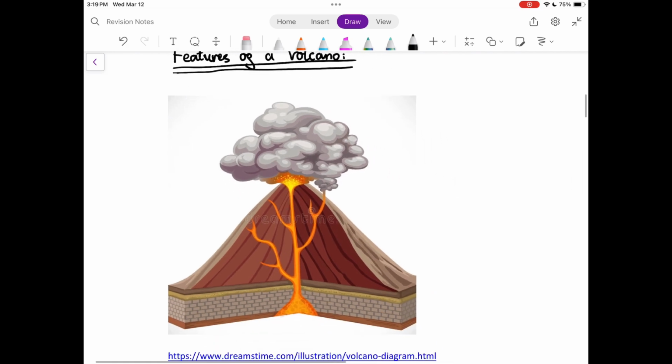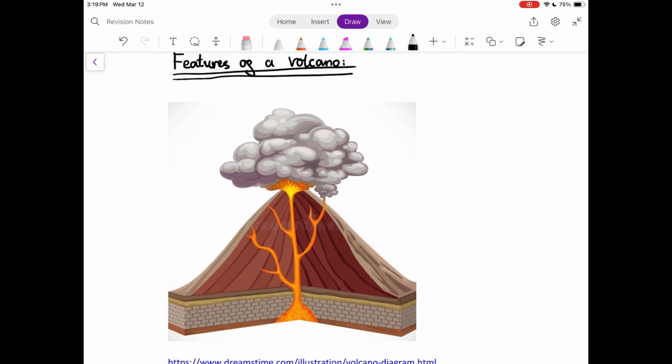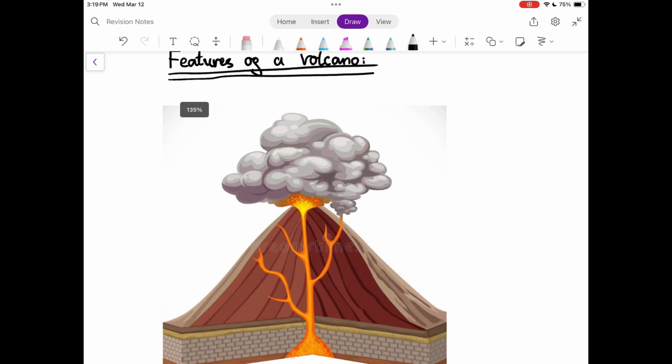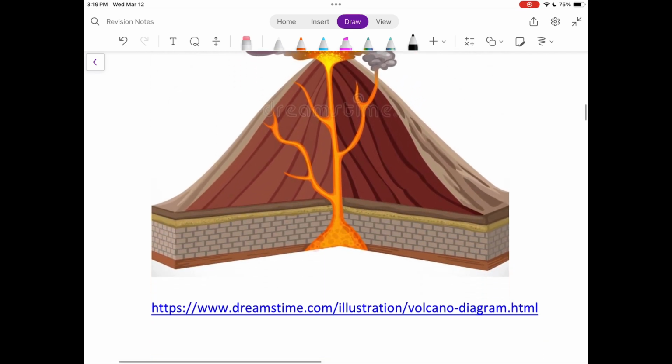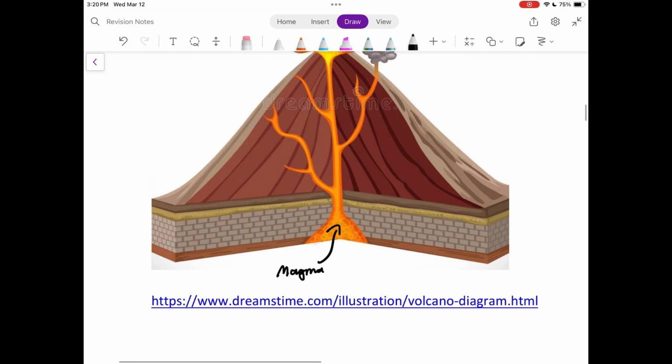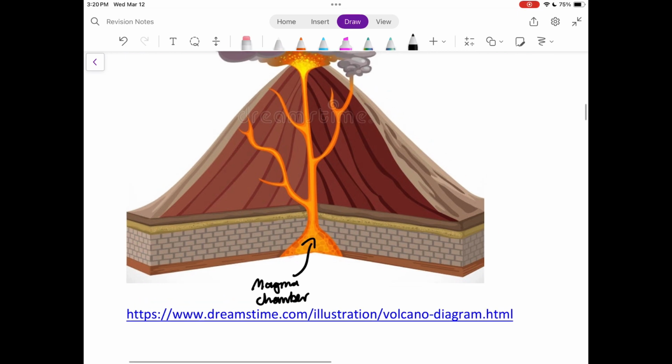And next we're going to be looking at the general features of a volcano. So we're going to start from the bottom. So the bottom here, this is called the magma chamber. And this is where all the magma is stored within the volcano. And the red bits, by the way, are magma.